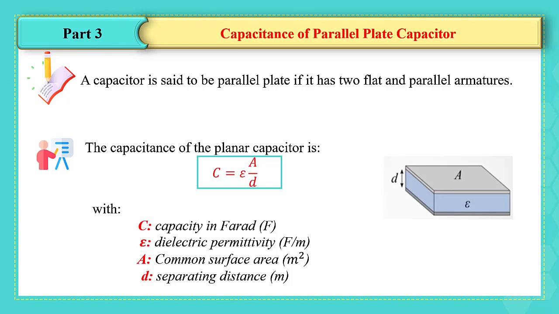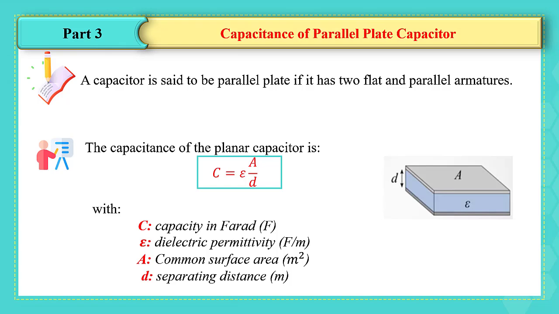This formula here gives the relation between C, A, and d, where the capacitance C is given by A divided by d multiplied by this constant here. This constant is called the dielectric permittivity of the insulator, which is inserted between the two plates of the capacitor.